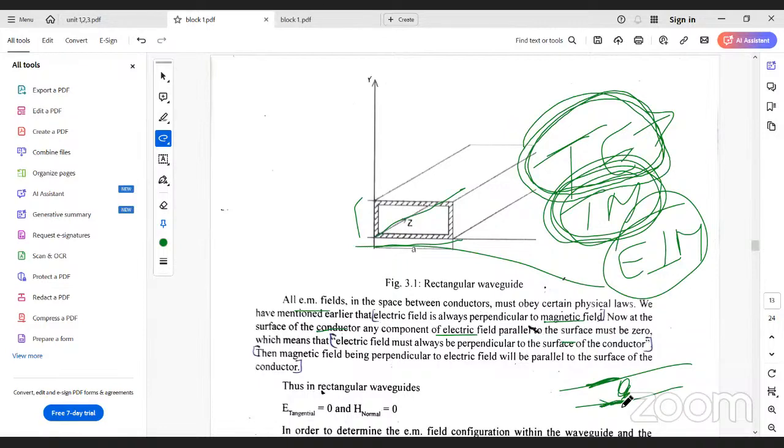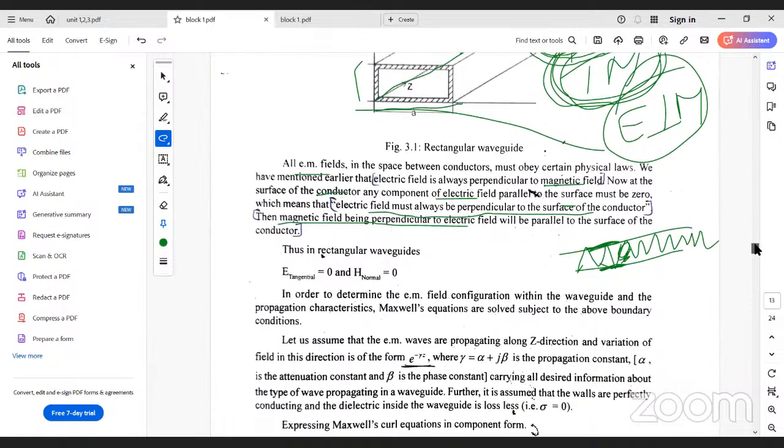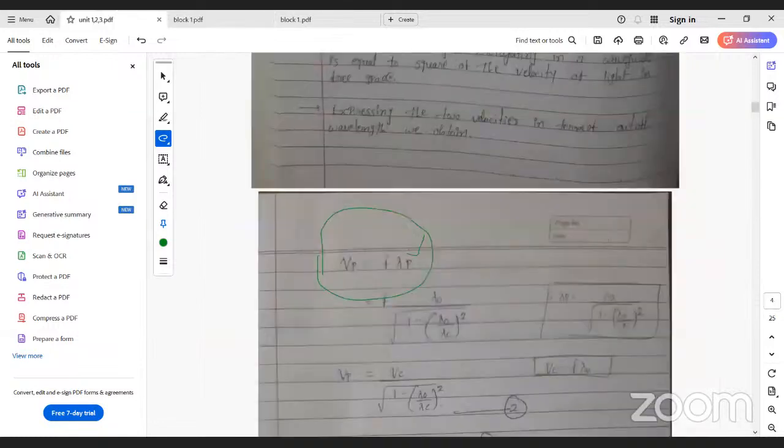Why is this happening? Because I am sending a zigzag wave. The transmission is in terms of zigzag. Electric field must always be perpendicular to the surface of the conductor. The magnetic field is always perpendicular to the electric field. So we have two basic equations. First, I will explain another one, and then we will come to this textbook part.